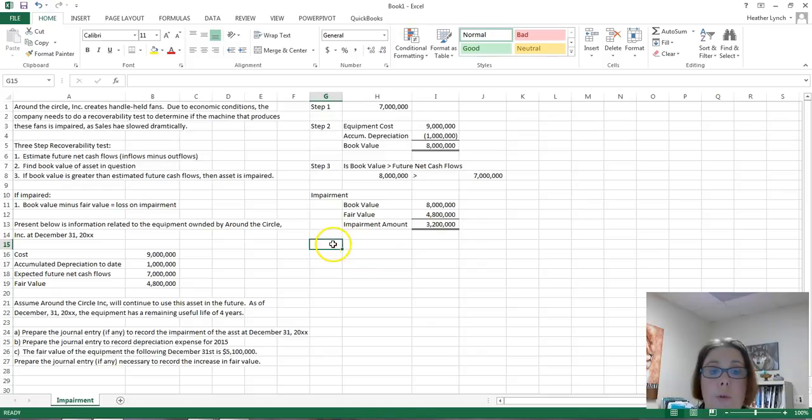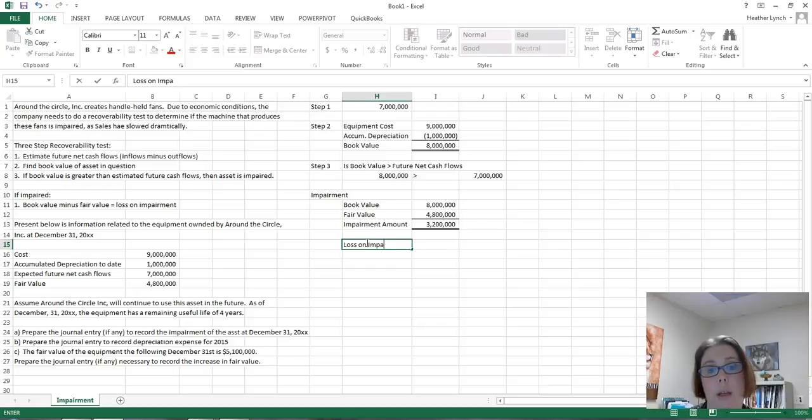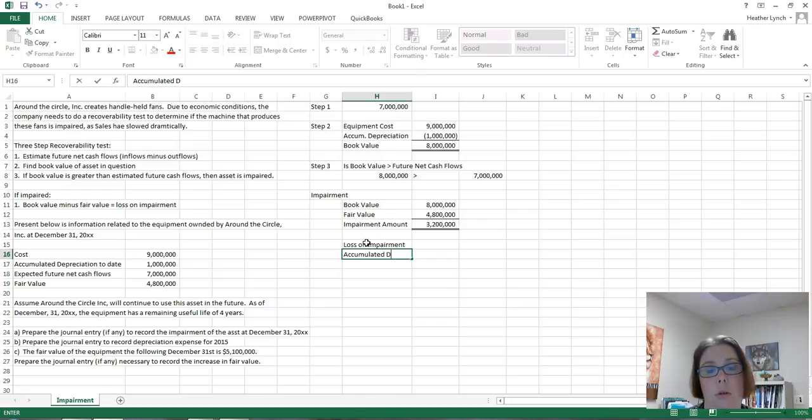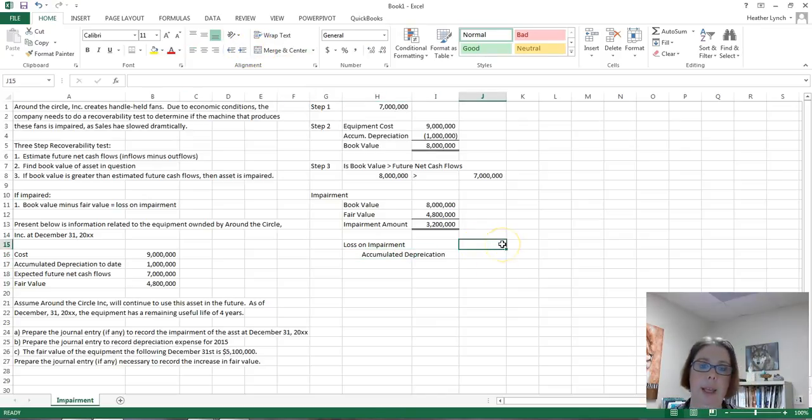So what we need to do for the journal entry, it will be loss on impairment. Notice that when I did the credit, I'm not reducing the amount of the equipment.